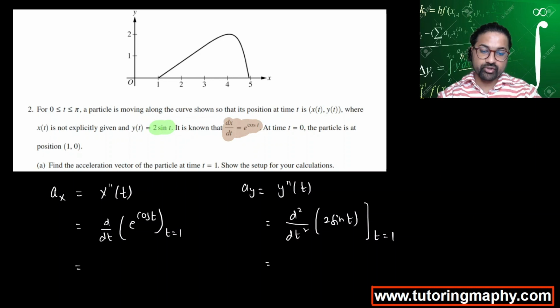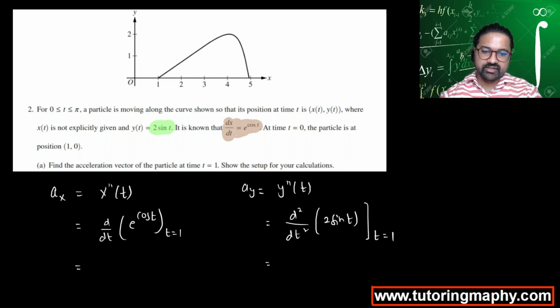I'm going to take a screenshot anyway and put it on the board so that you can also see what I've done. So x is e raised to cos t, and the value of dx over dt, that's what we are looking for.